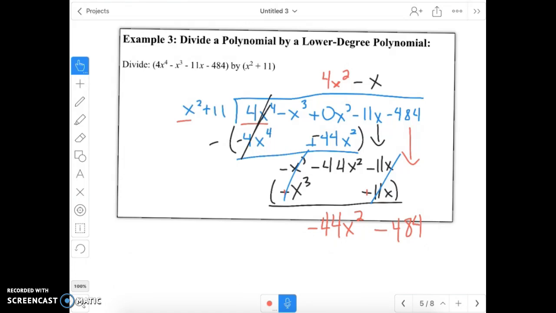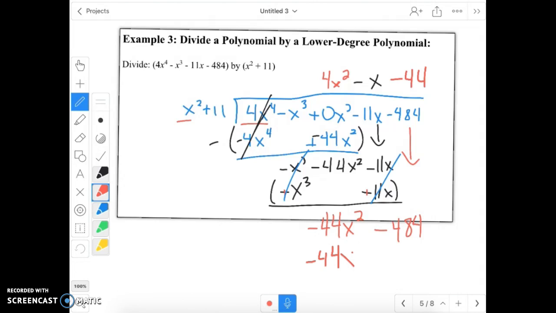So last, I say, what am I missing here? I have x squared and I want negative 44x, so I'm missing a negative 44. So I'm going to multiply both terms by that. And if I do negative 44 times 11, 4 times 4, 4 times 4, add a 0. Look at that.